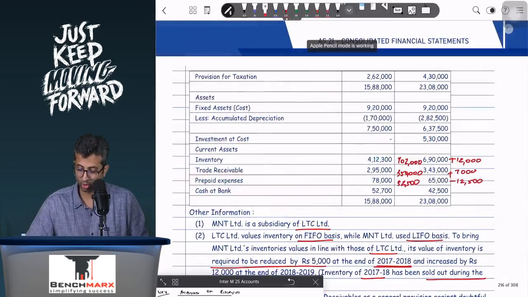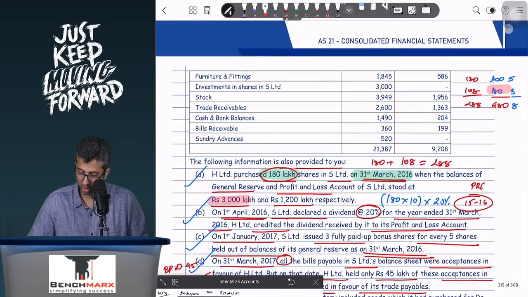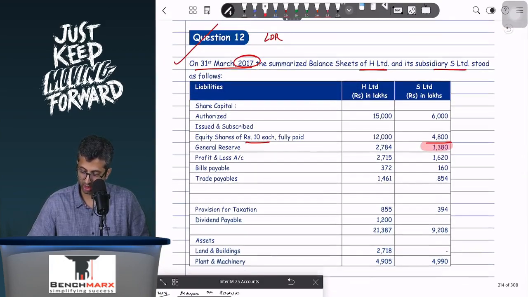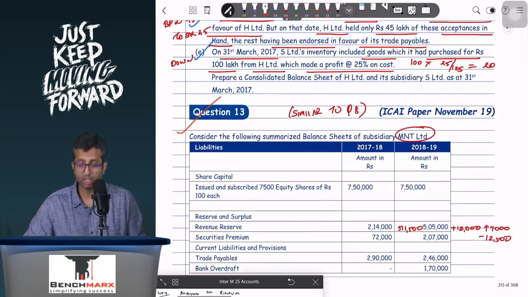Now when you look at your profits, your opening profits, if you go to see, were 1200, closing is around 1620. However, during the year, you would have paid a dividend on the then prevailing share capital of 300 into 10, that is 3000 into 20%. Can I say it will be 600?